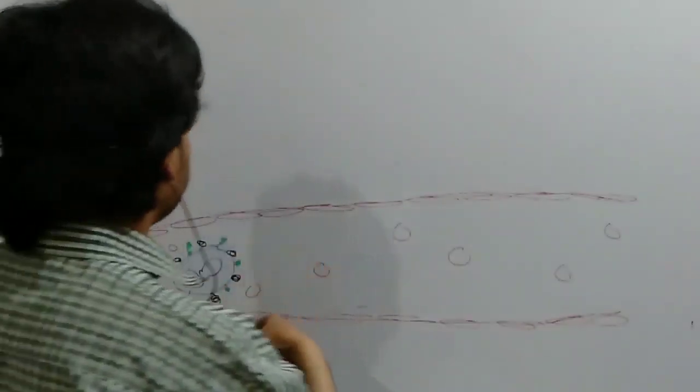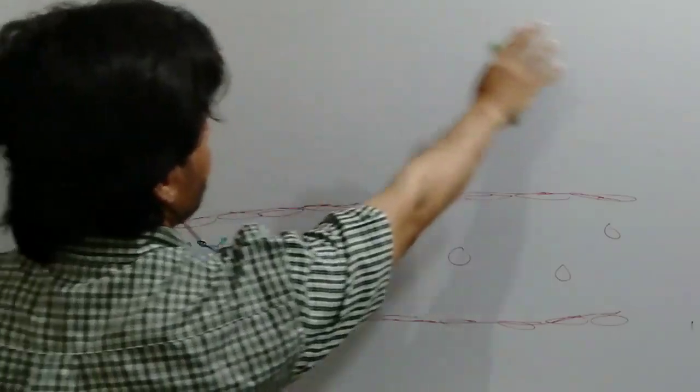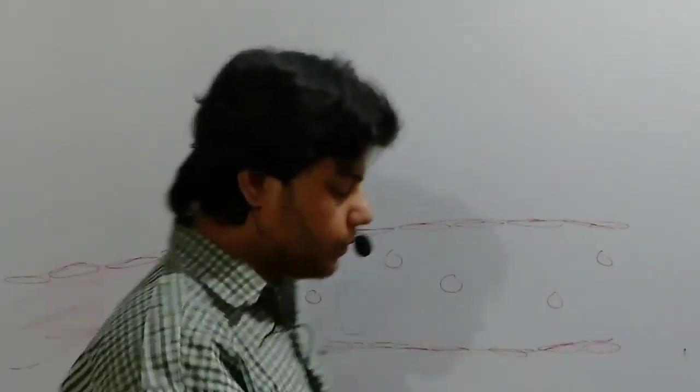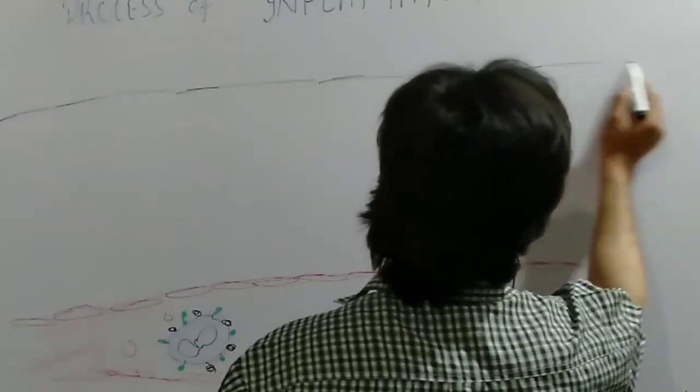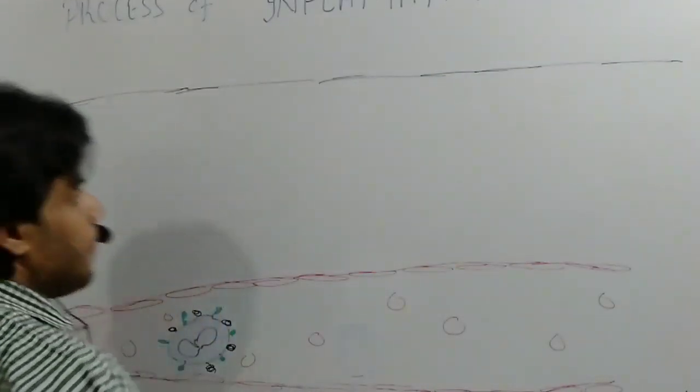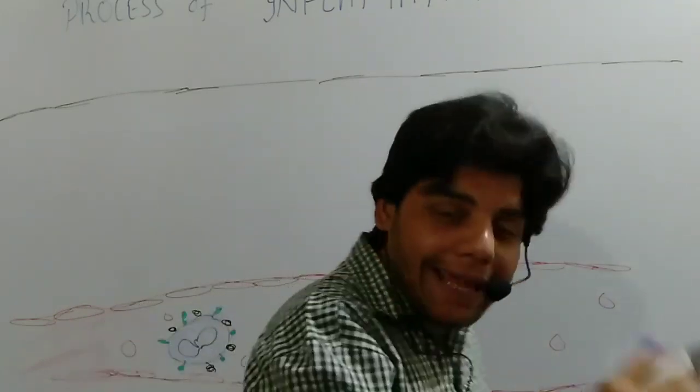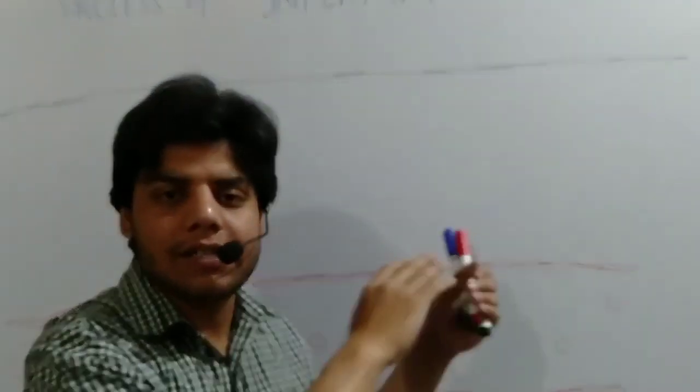Now, let's say that this specific area is tissue. So let me draw the tissue here also. Let's say this is the tissue area, and let's suppose this is the skin area.